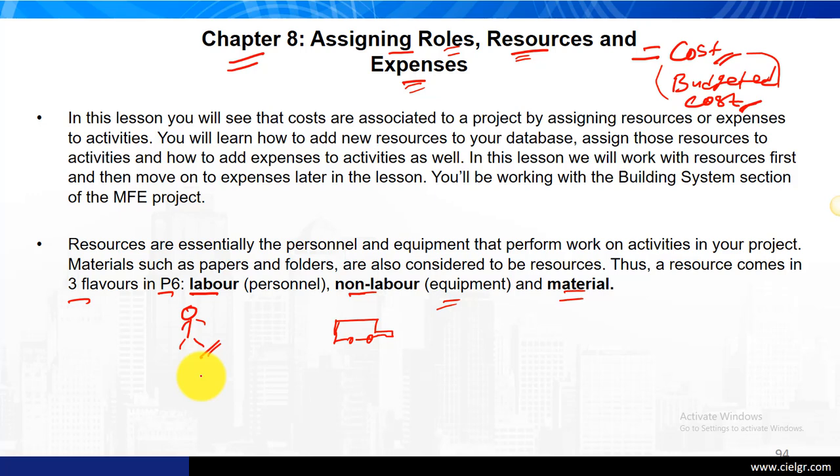All of that is exactly what the material resource refers to. So in order for us to go ahead with regards to resources, it's quite necessary that you understand that Primavera uses the amount payable, or the amount that we have assigned to a particular resource, to determine the cost of a particular activity.